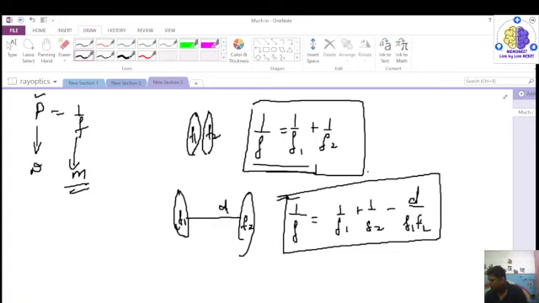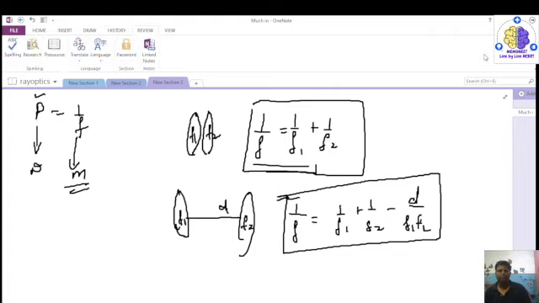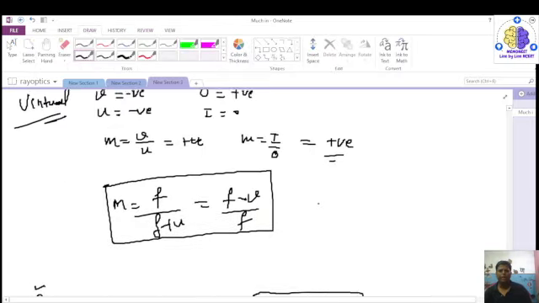Then coming to your optical instruments, right? So let's begin with optical instruments. The very first thing which we are going to study is the simple microscope. Simple microscope is nothing but your magnifying glass, and we've already seen the ray diagram for the magnifying glass.